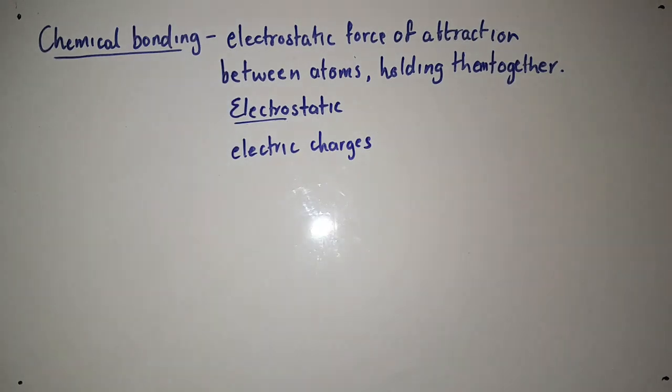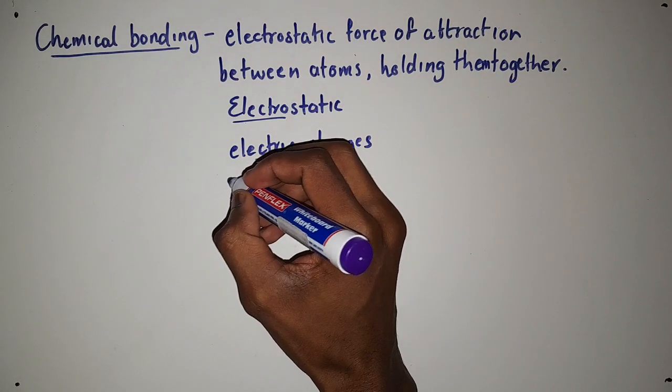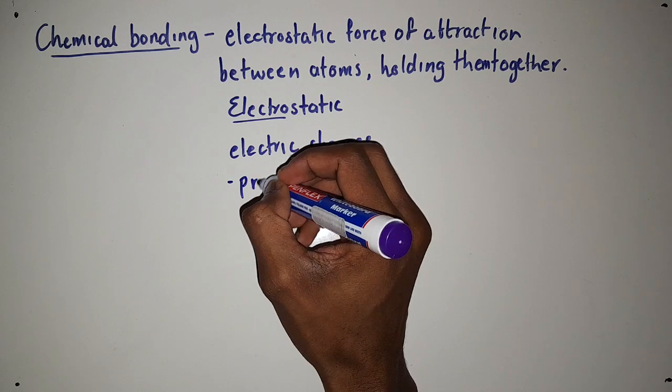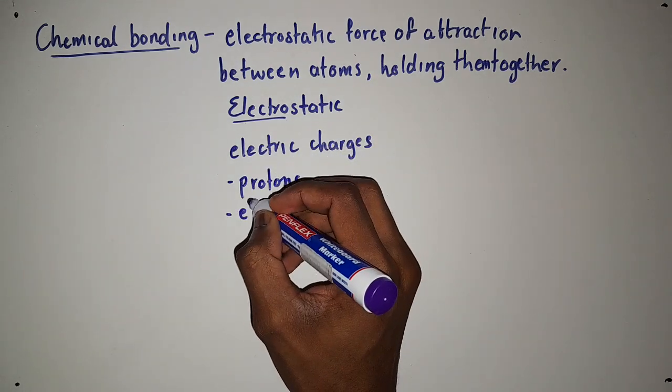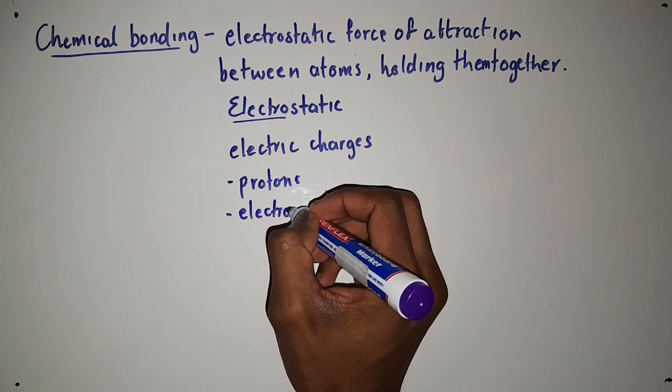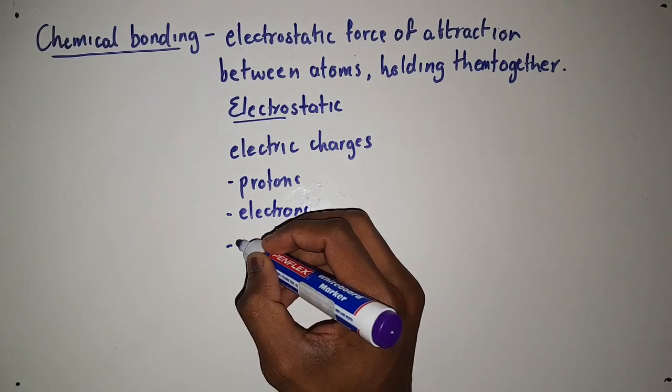We know from chemistry or physics that we have three of them: protons, electrons, and neutrons.